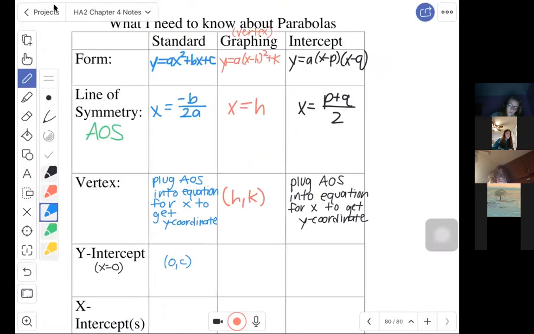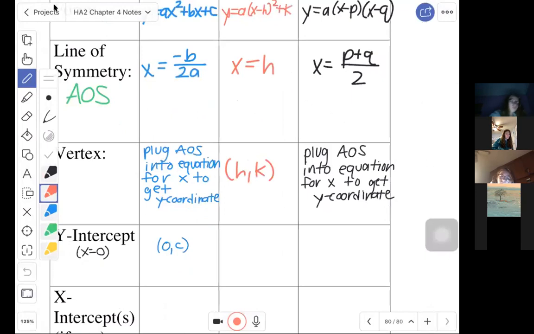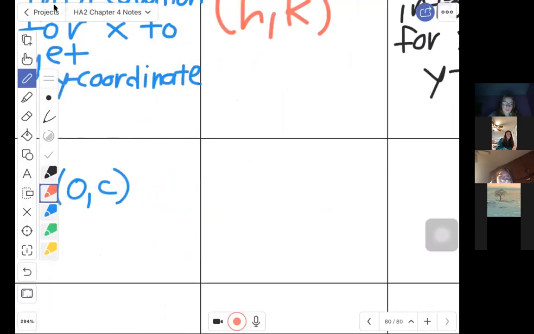So for vertex form, y-intercept, we know we're plugging in that x equal to 0. So you'd have y equaling a, plugging in 0 for that x. When we do that, how will we always solve using vertex form when we're finding that y-intercept? What's the way we should solve? When there's numbers in there for those letters, what method should we solve?